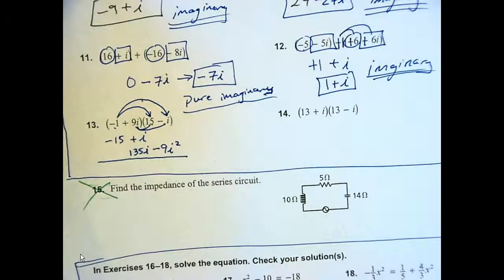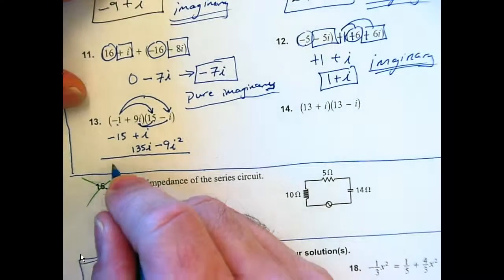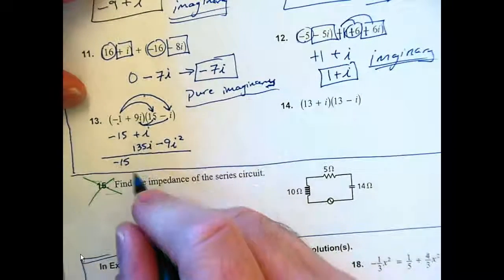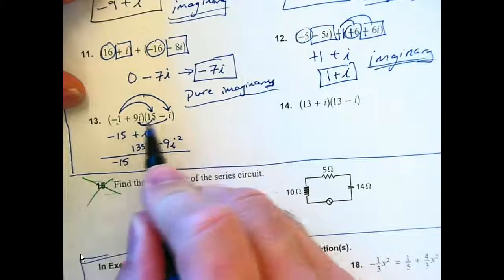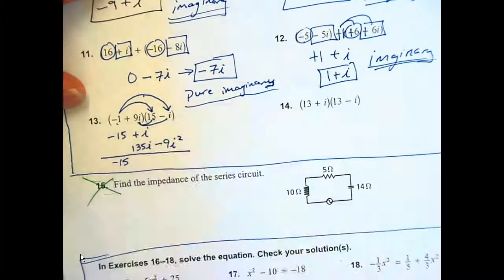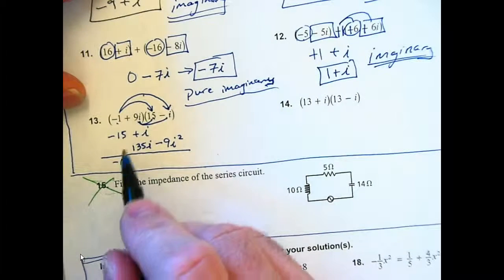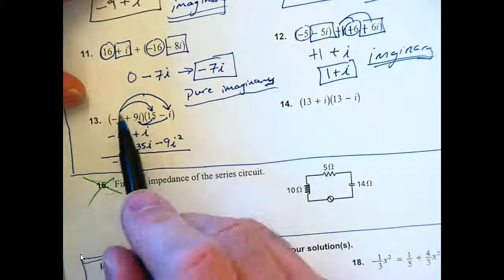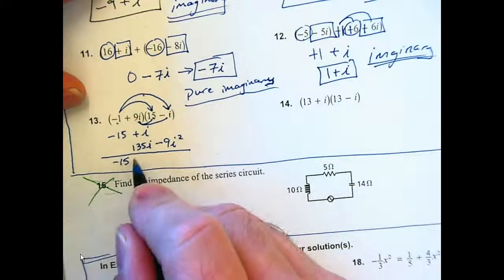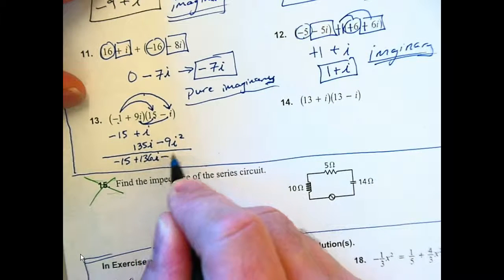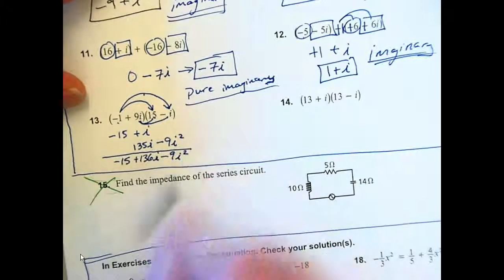Good job. All right, let's keep going. 9 times 15. Where'd you get the 1? -1, or yeah, -1 times i. And then, how do you just get 1? Oh, I get it. Okay, how many made it that far?